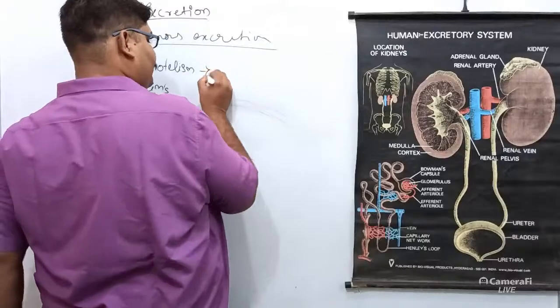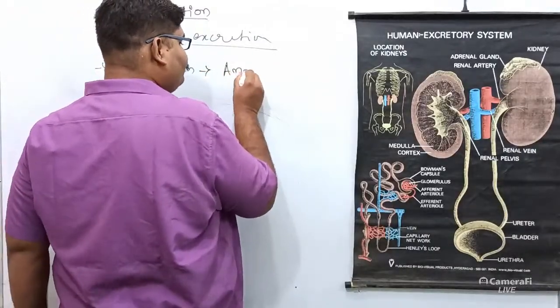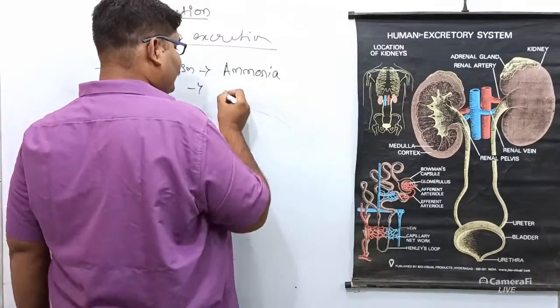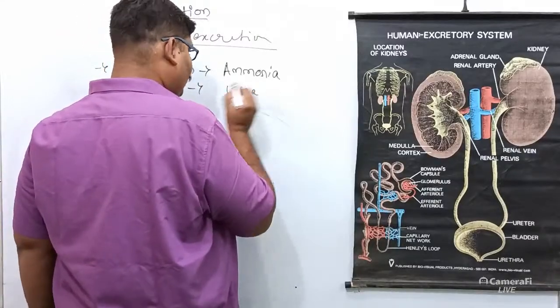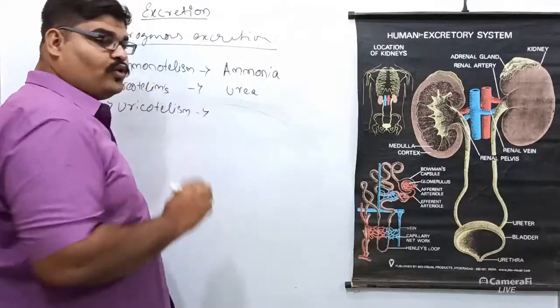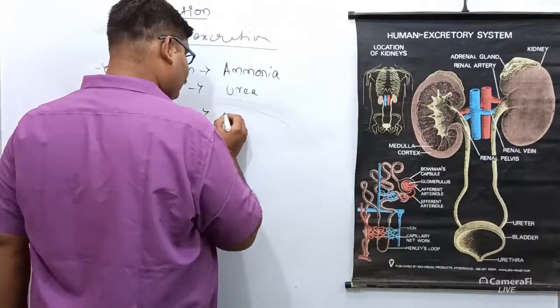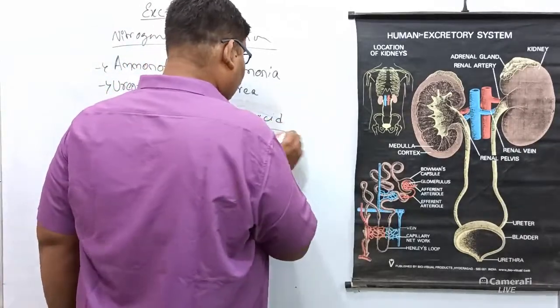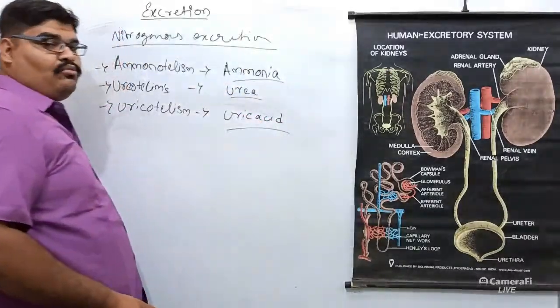In ammonotelism the excretory product is ammonia, in ureotelism the excretory product is urea, and in uricotelism the excretory product is uric acid.